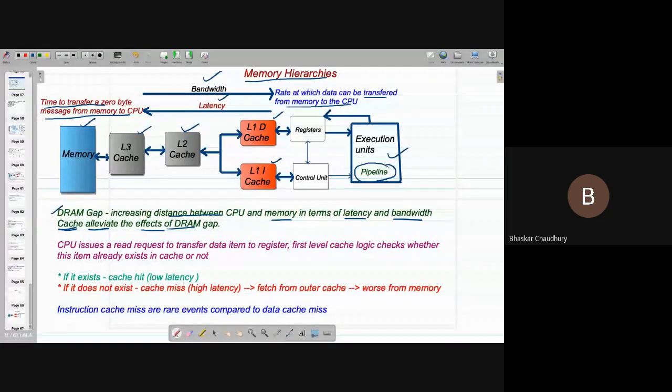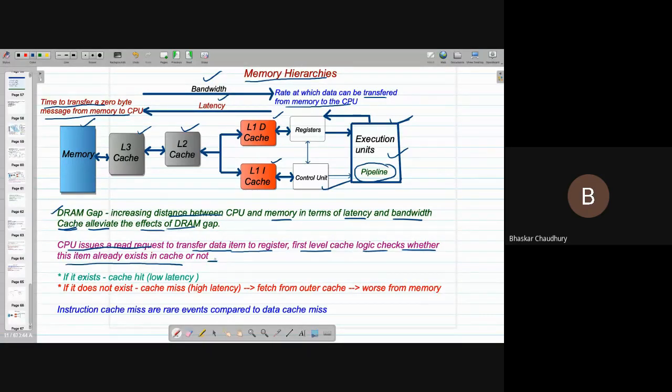Okay, now let's understand the effect of cache. Typically what happens is a CPU issues a read request to transfer the data to the register, and then the first level cache logic checks whether this item already exists in the cache or not.